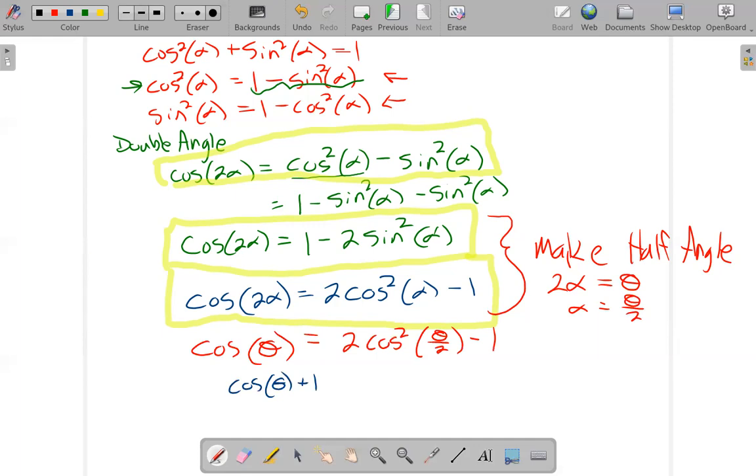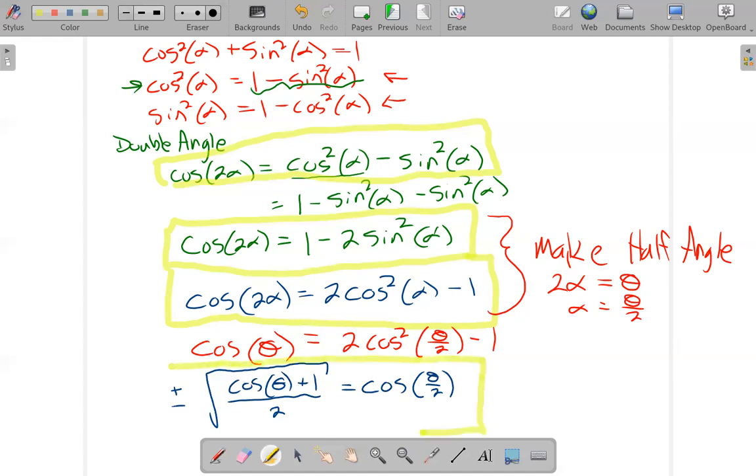Then I divide that by 2, and then I take the square root. What's left on the other side is the cosine of theta over 2 equals that. Technically, when we take the square root of the square, we get a plus or a minus. So this is the half angle formula for cosine. It turns out it's important also.